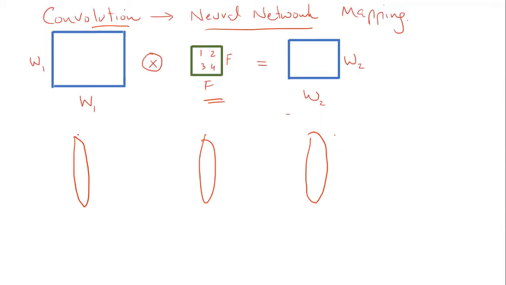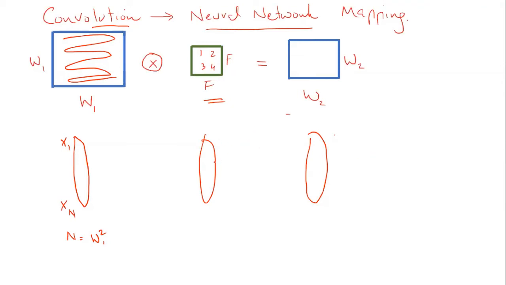How do you think it will be converted into an input which looks like X1 to Xn? You just flatten it, just stretch it. You could do it like this, or any way like this, and so on, but you simply stretch it out. What would be the value of n? W1 squared. I'm assuming that the height is the same as the width, so I'm just calling it W1 times W1.